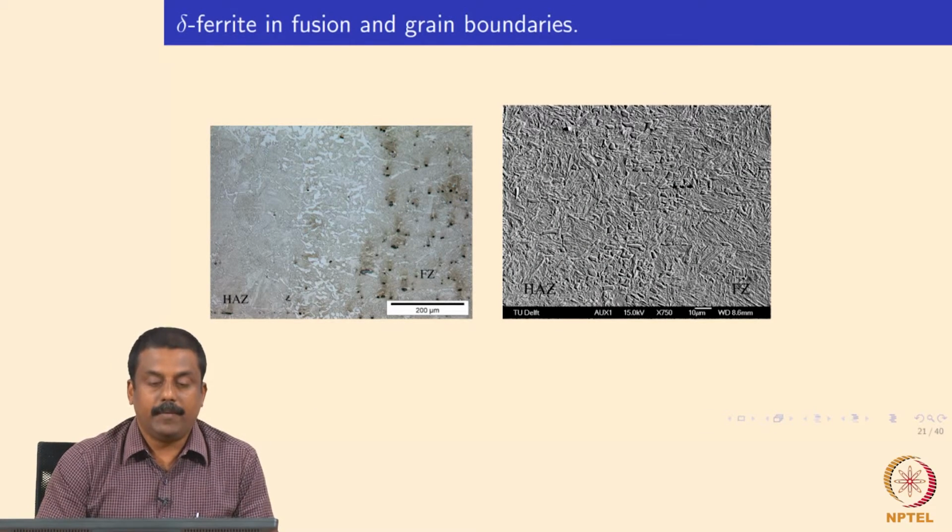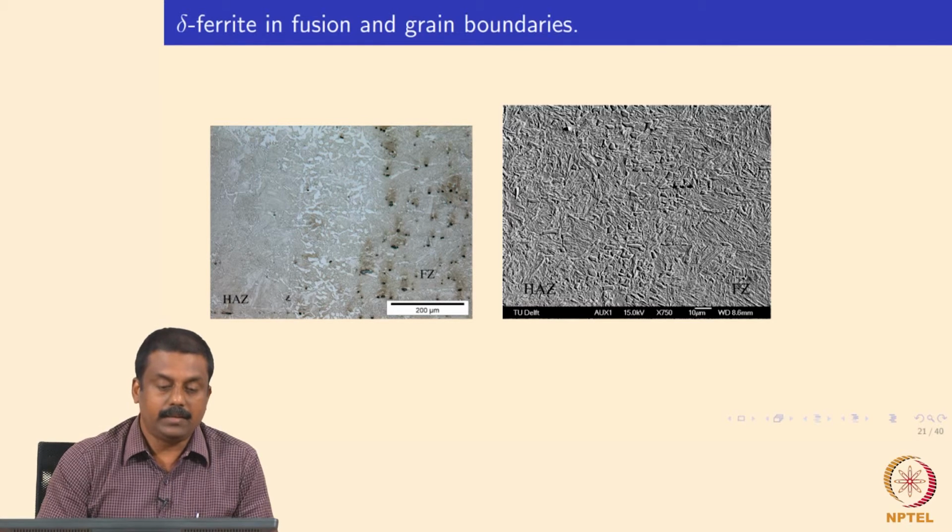So the other effect we generally see in an aluminum based TRIP steel is the partitioning of aluminum to delta ferrite, and this can be seen in almost all the welding processes, whether you use laser resistance spot welding, laser beam welding or gas metal arc welding.